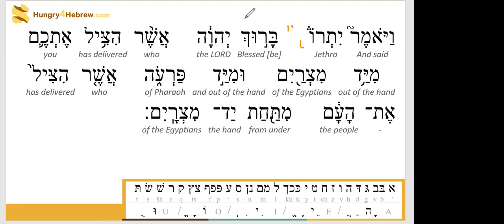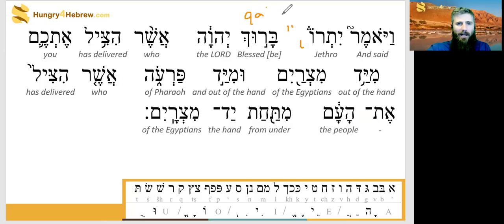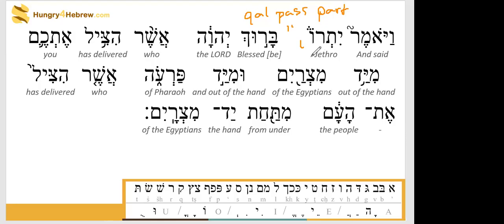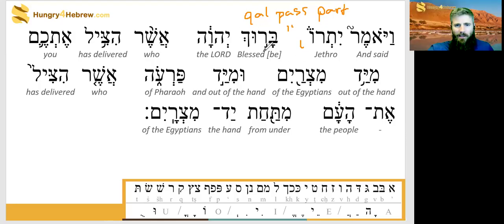Passive participle. Sure is. Kal passive participle. One being blessed. So blessed is, or blessed be, the Lord. What about him? The one who hitzil etchem, who delivered you all miyad Mitzrayim, from the hand of Egypt.